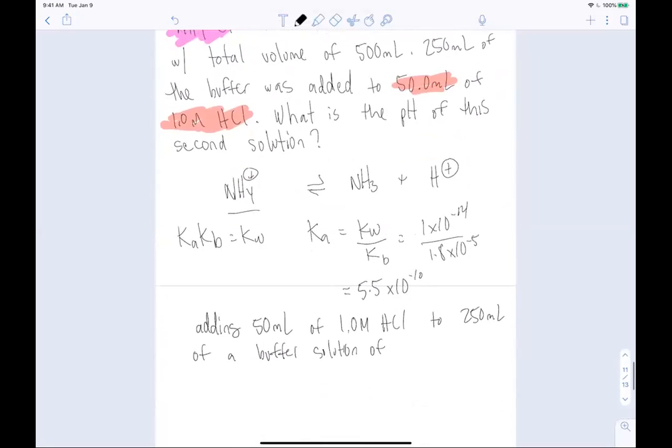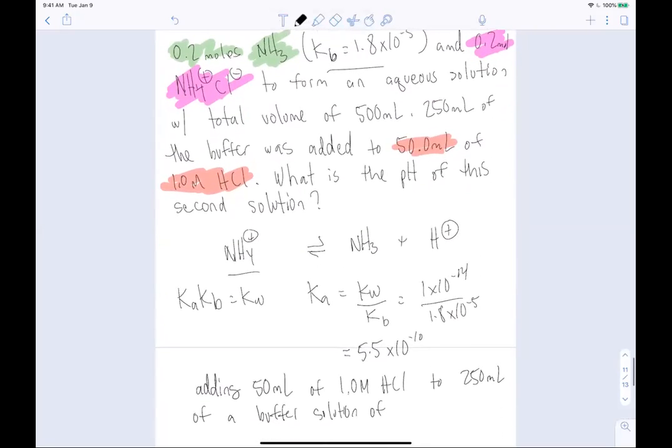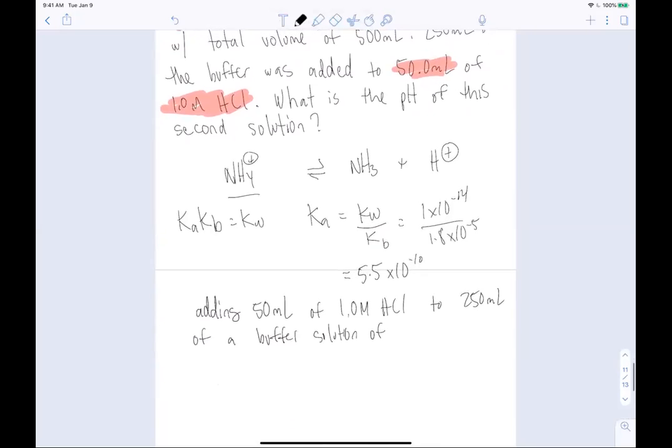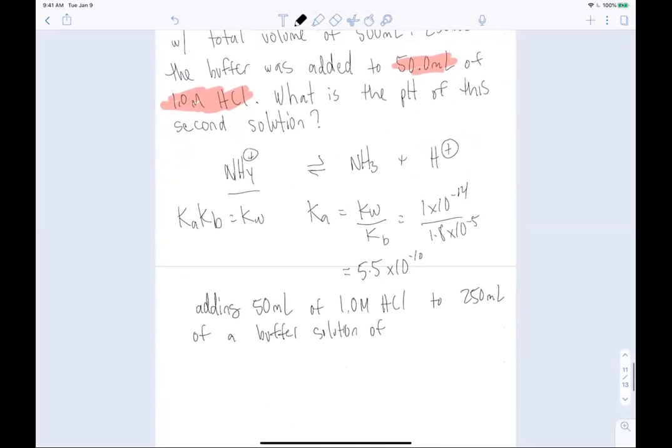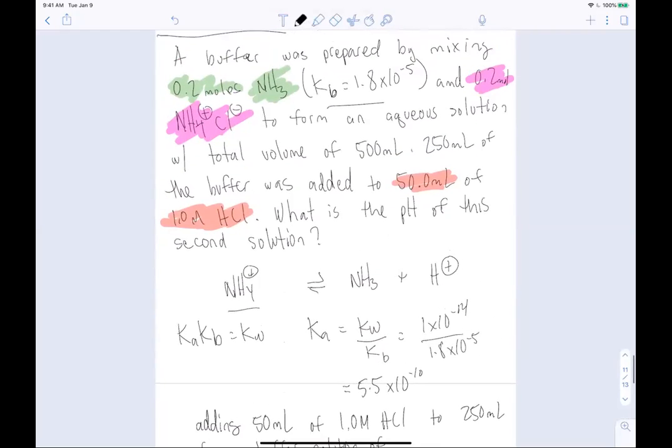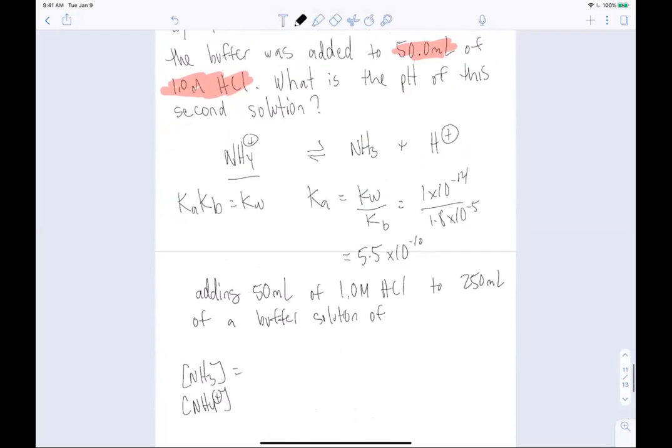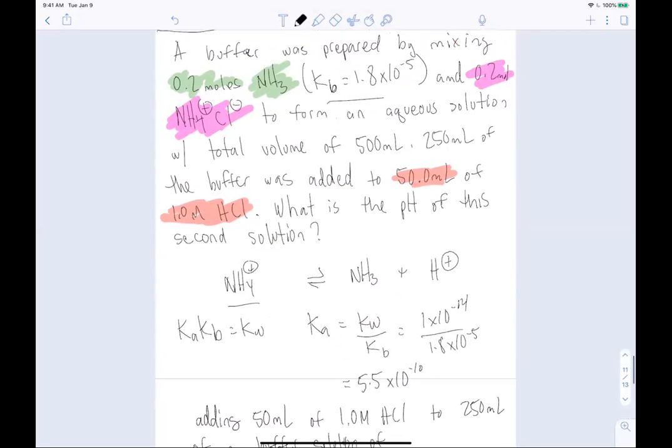So you want to be careful here. You want to calculate the concentration of your buffer solution. Our ammonia concentration is 0.2 moles, but I have that in 0.5 liters. And then the other one is also, yeah, they're both 0.2 moles.